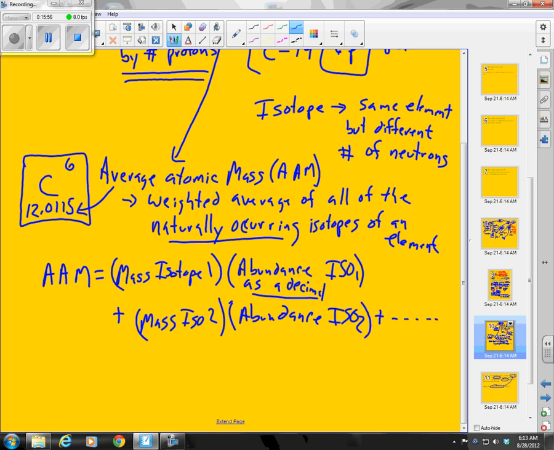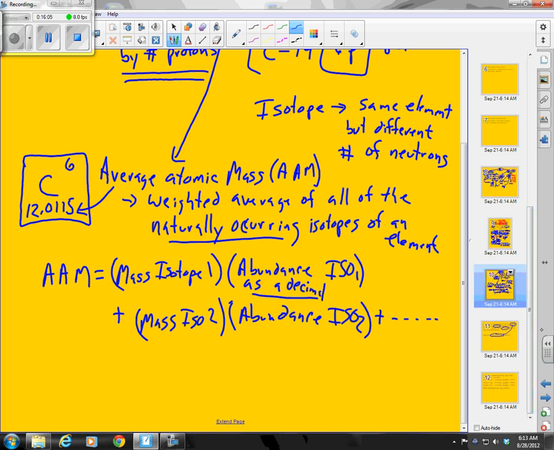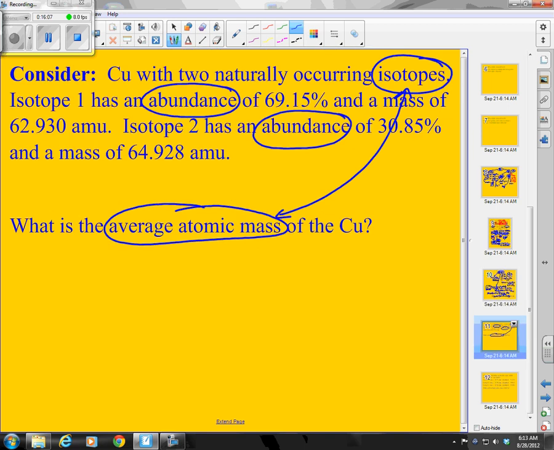If I have 3 isotopes I do this with all 3, if I have 4, and so forth. So that is the equation we want to use. And so let's take a look and see if we can do this.